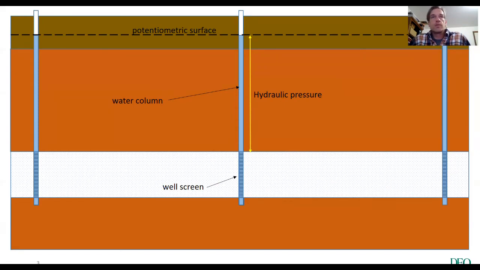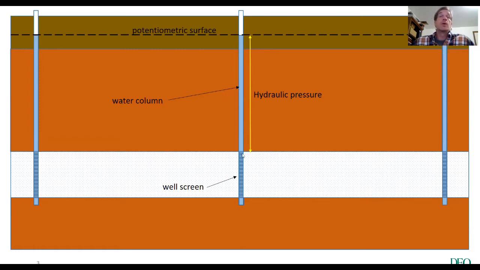So if water level rises very, very highly above the top of the aquifer, that means the aquifer has a lot of pressure in it. Right now, these 3 wells are at the same pressure. They're in a system where pressure is essentially equal.